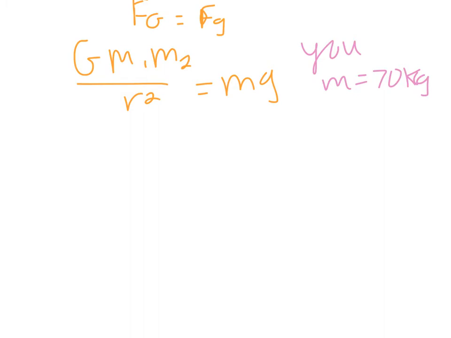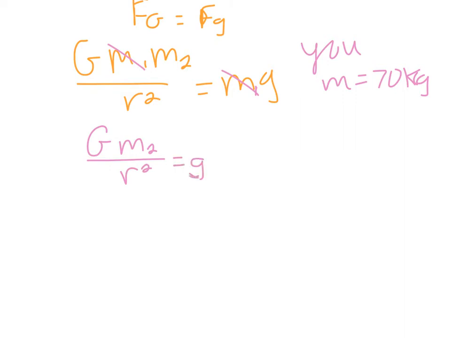So G m1 m2 over r squared, we'll just make this m1. So this is the mass of you, the mass of the second object, in this case the Earth, and the distance between the two. You'll notice that your mass is irrelevant. It appears on both sides. So we are left with G m2 over r squared equaling little g.